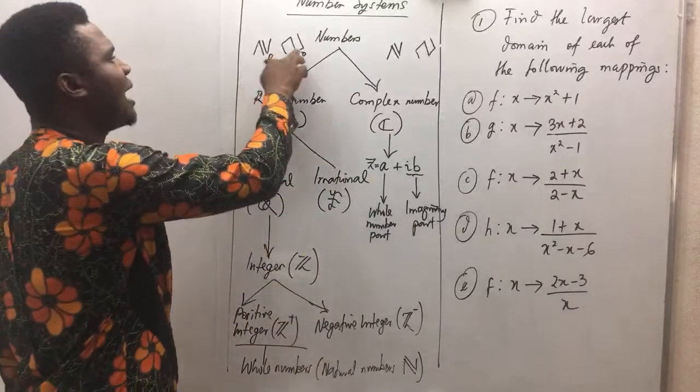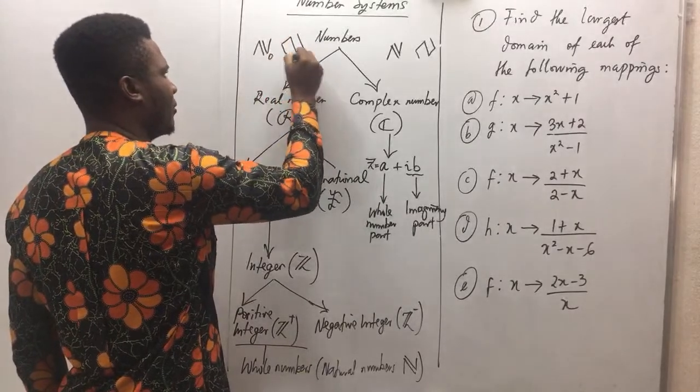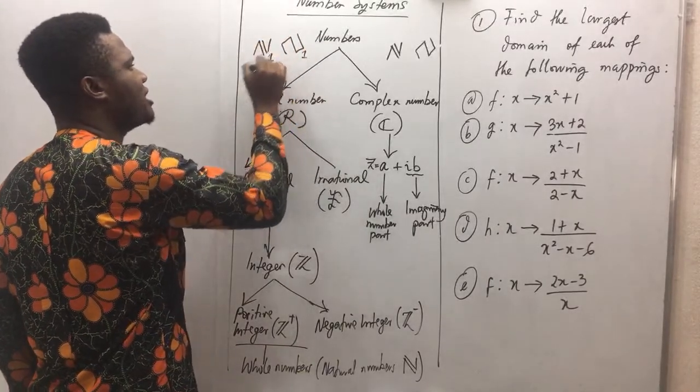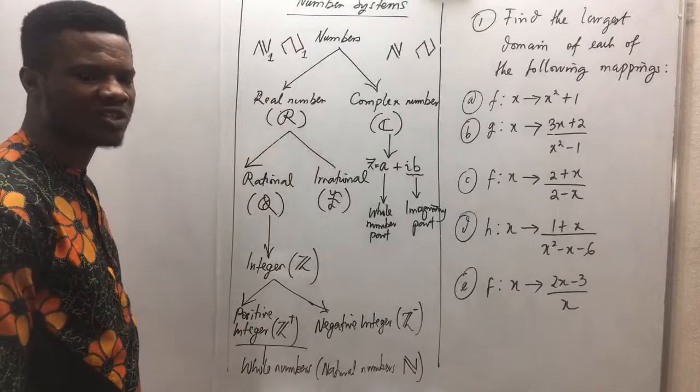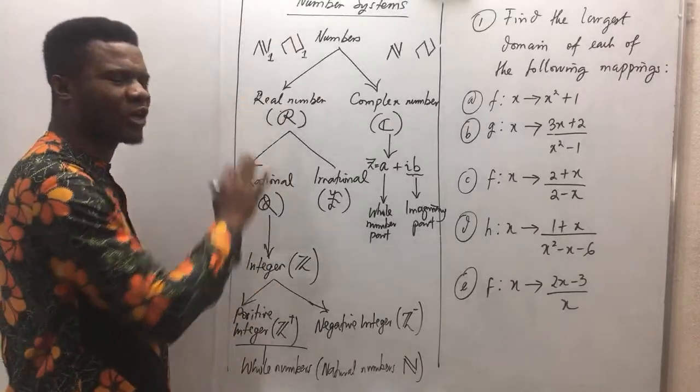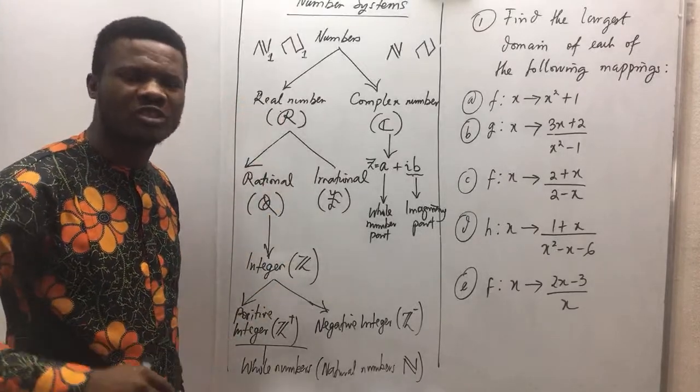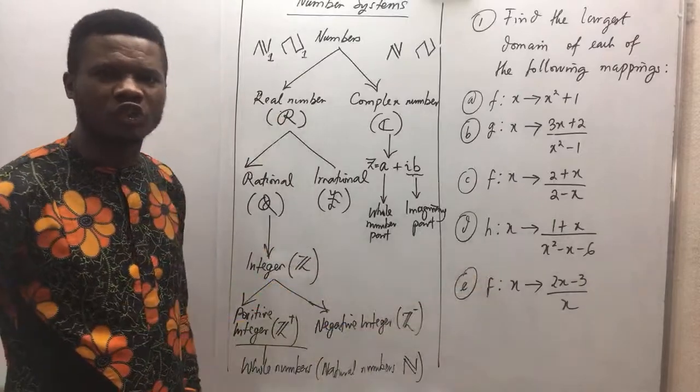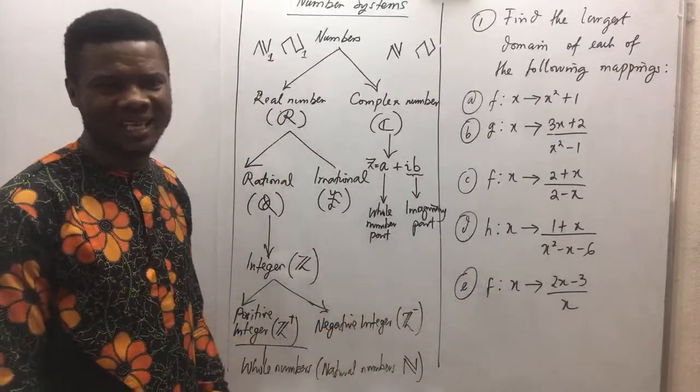When you see Aleph 1, or this N with the 1 as a subscript, it means the natural number system being discussed excludes 0, does not recognize 0 as a natural number.